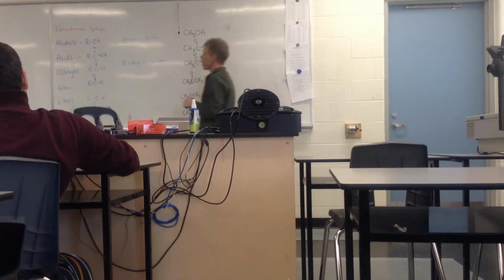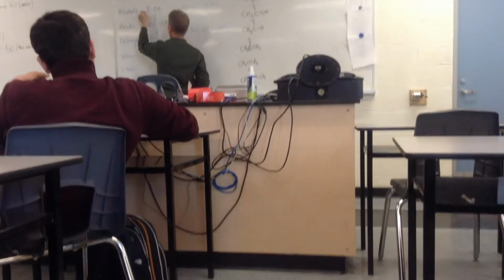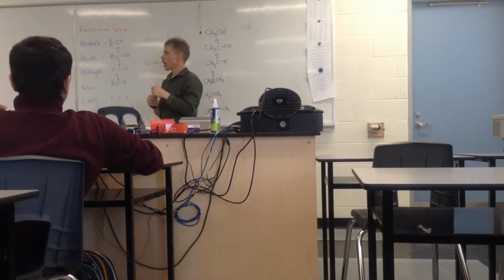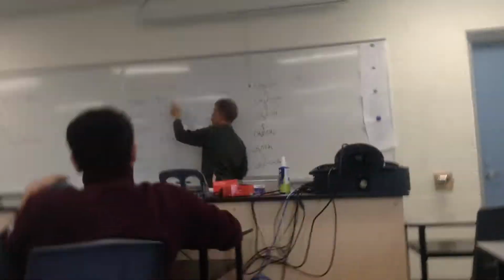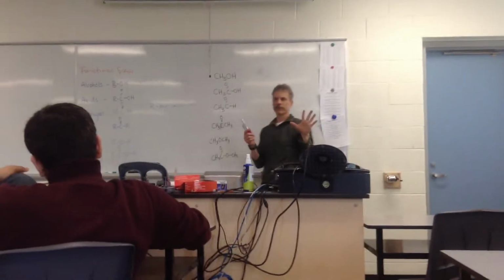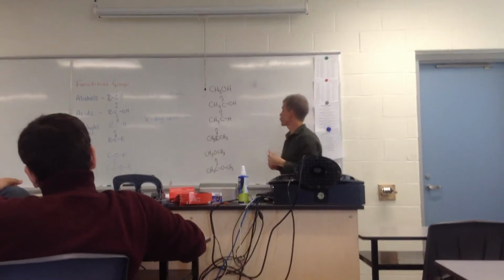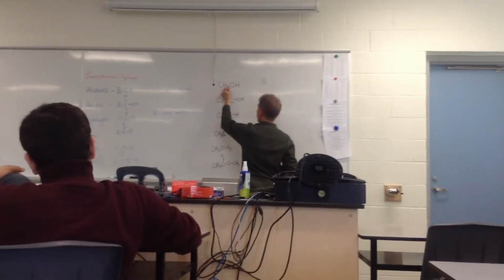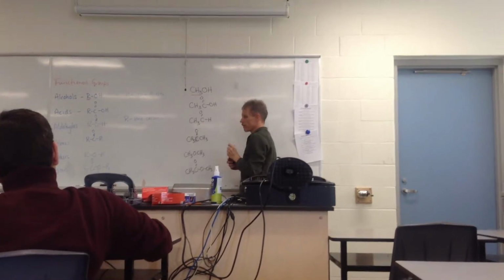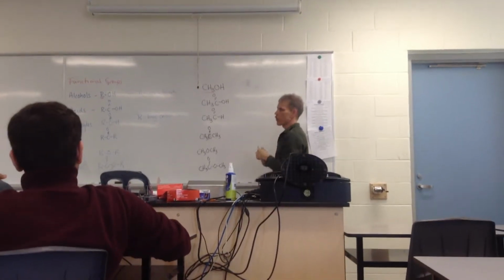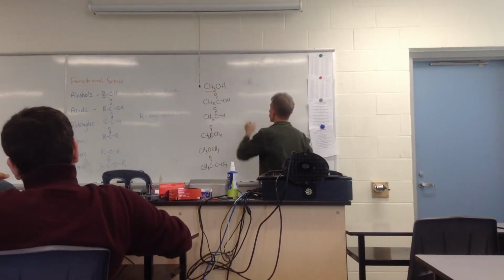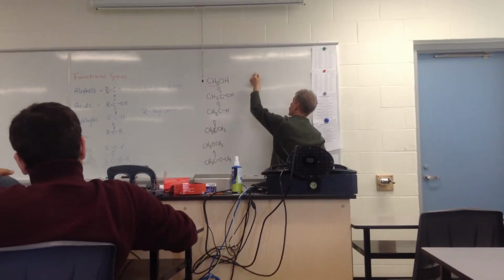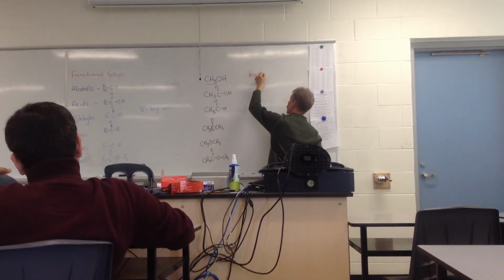All right, so an alcohol is an R group, which is your long carbon chain, attached to an OH, right? With exceptions. So when you look at this, how many carbons is that? One. So therefore, we know one carbon is called methyl. Okay, so we know it's methane, right?